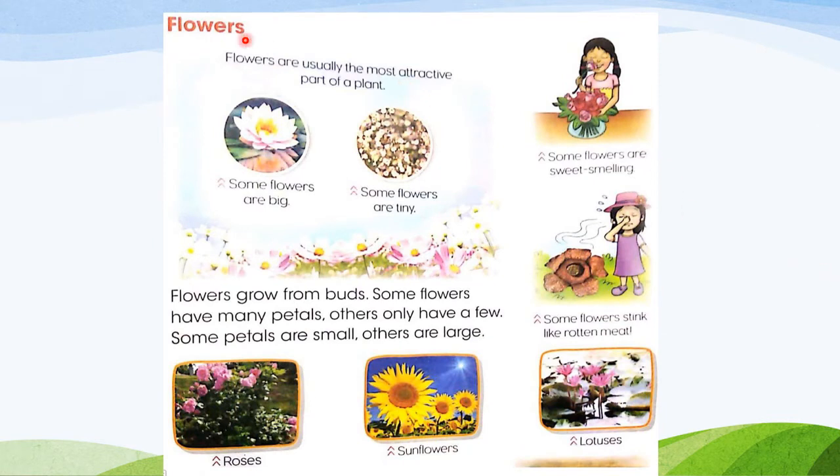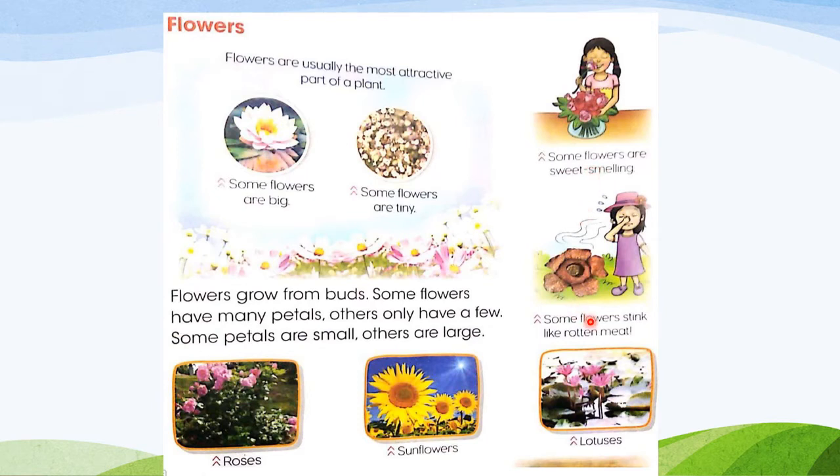Let's know about flowers. Flowers are usually the most attractive parts of a plant. Just like the color of this flower, it is white in color. These flowers are yellow in color, pink in color, red in color. So all flowers are very attractive due to their color and their sweet smell.